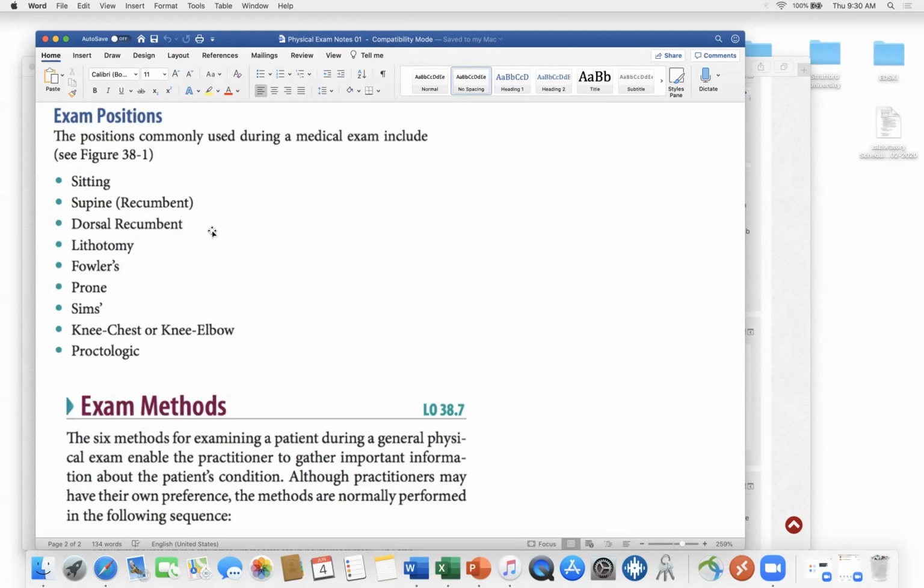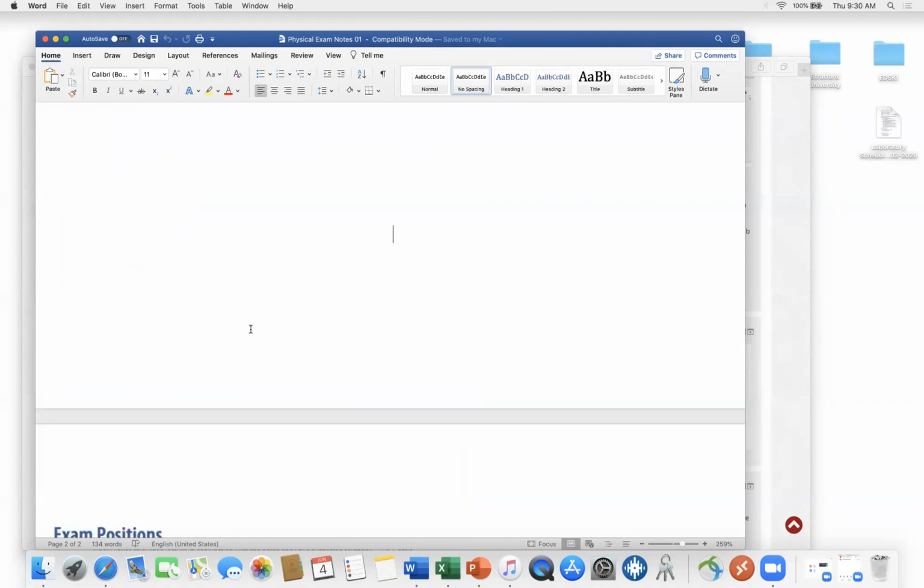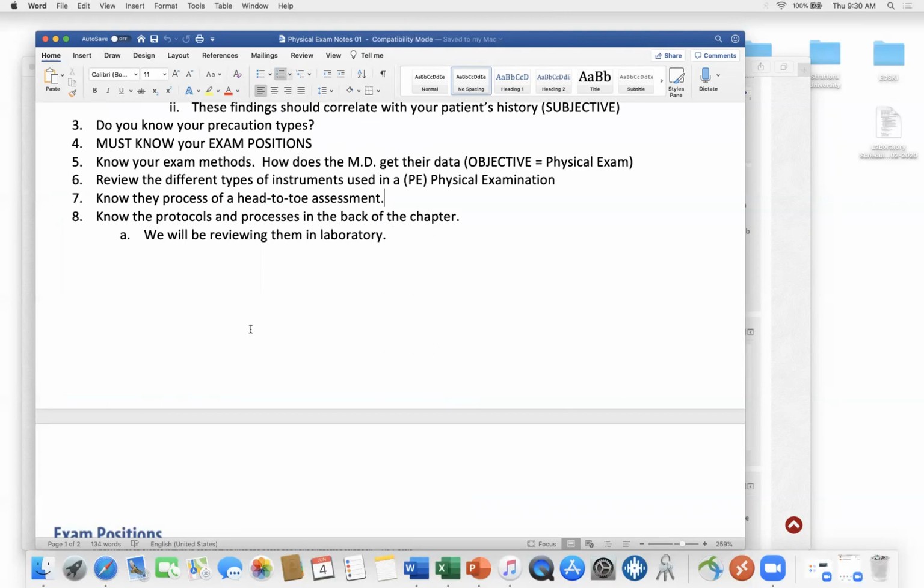Supine or dorsal recumbent, like EKG stuff. Lithotomy, obstetrics. Prone, I could do proctology. Knee to chest, I could do proctology, especially for males greater than 30 or 40 years of age. I should do a digital rectal examination, or DRE, for prostate. Those are the kind of things to think about.